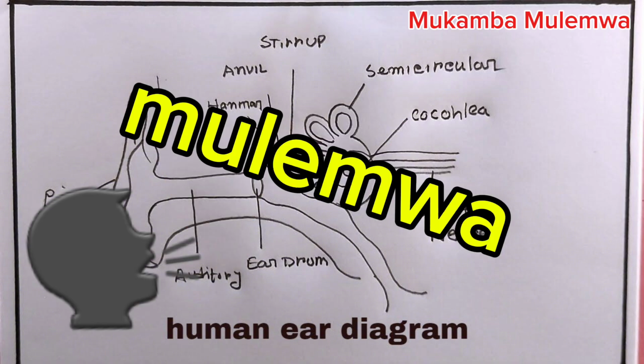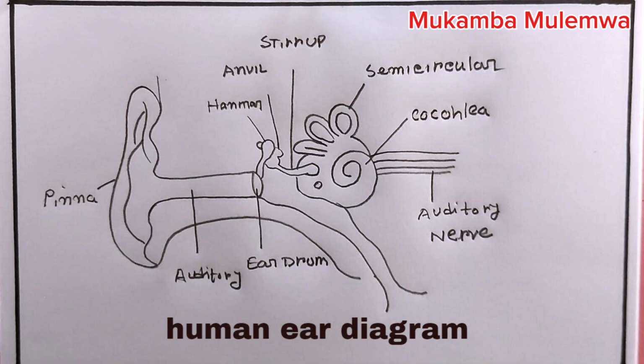So the cochlea will transform the wave into an electrical impulse, and it is sent to the brain through the auditory nerve. The brain will now interpret that this is sound.